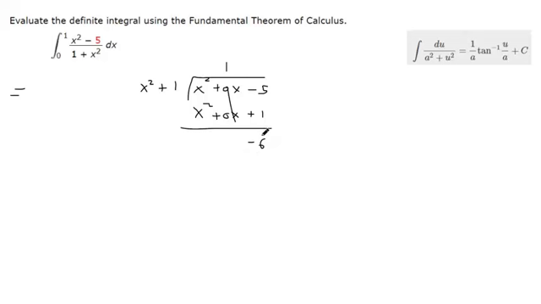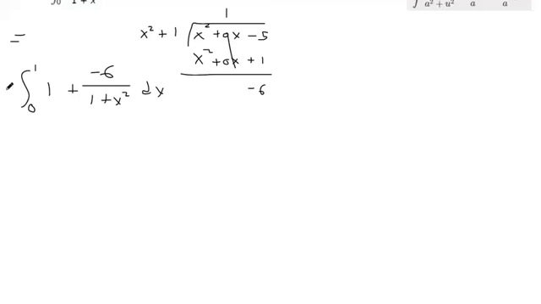This is called your remainder. You rewrite it with the remainder on top. So we divide this by this, and we got 1 with a remainder of 6 over our divisor. But to see more of that topic, you'll want to look up polynomial long division.